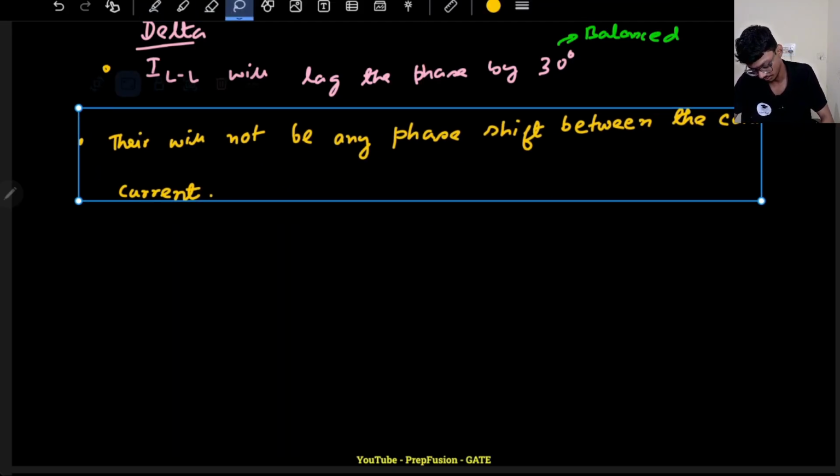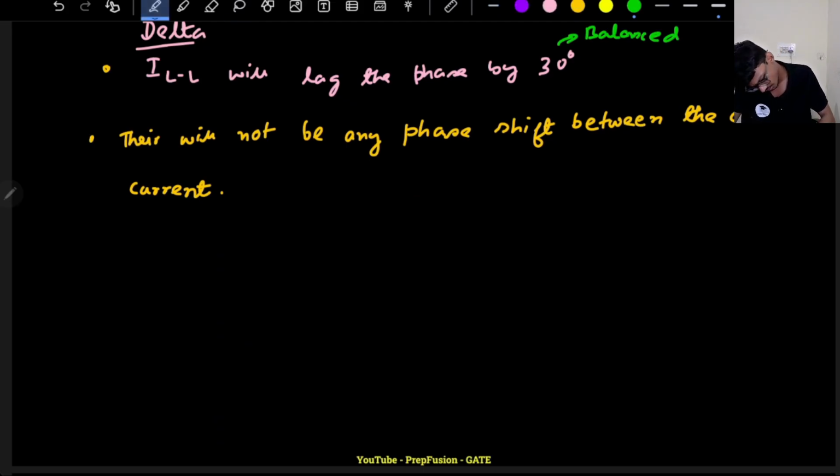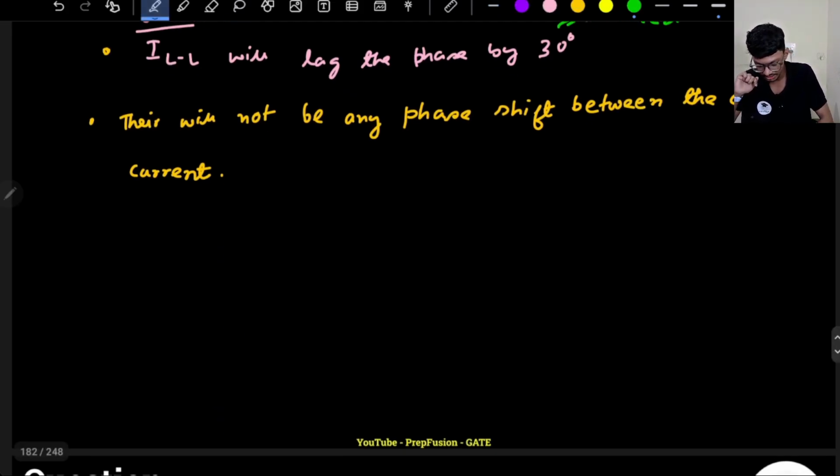There will not be any phase shift between the coil currents. So what we can say is, what is the line to line in the secondary.